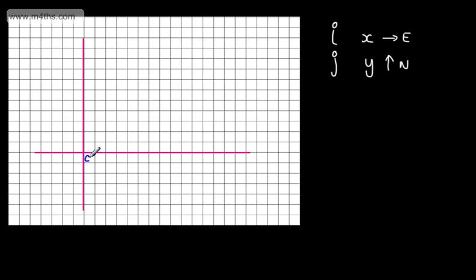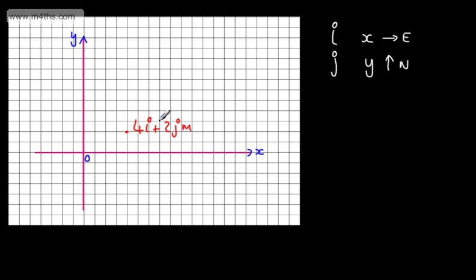So if I put this on, this is the origin, this is going to be the x-axis, and this is going to be the y-axis. If I plot a point just here, we can see that this is 4, 2. Using I and J notation and taking meters to be the units, we can say this is 4I plus 2J meters.